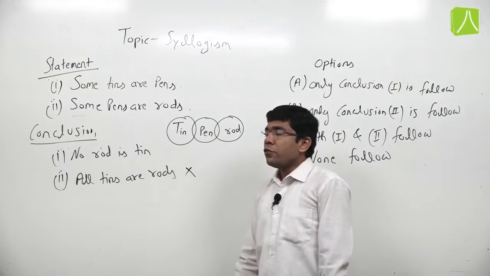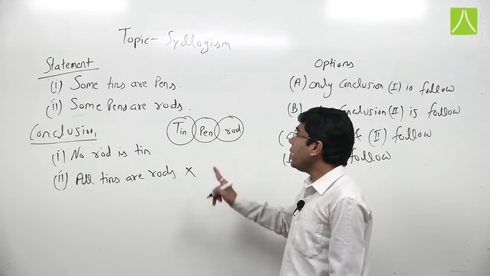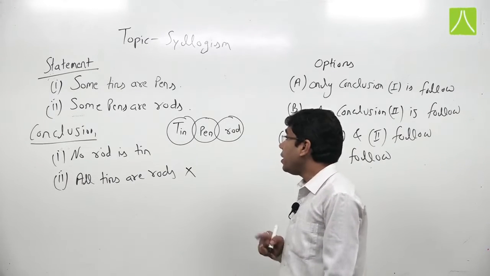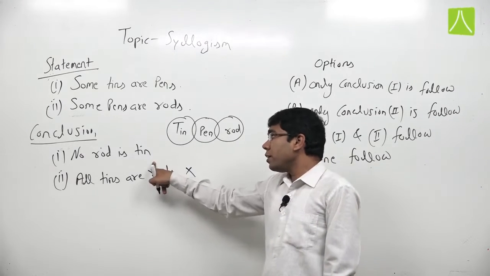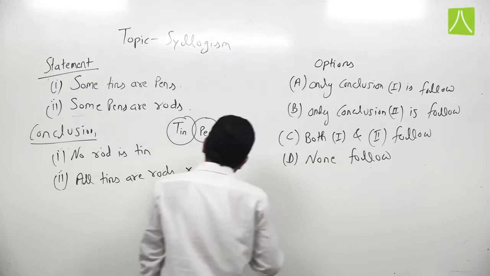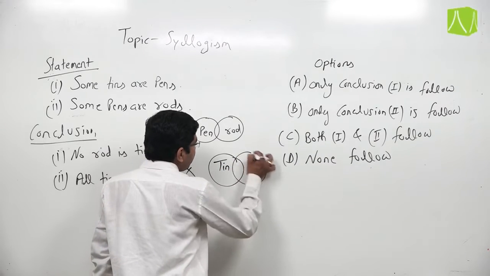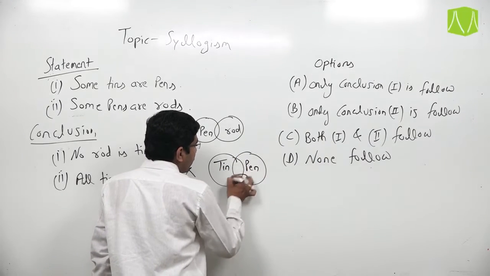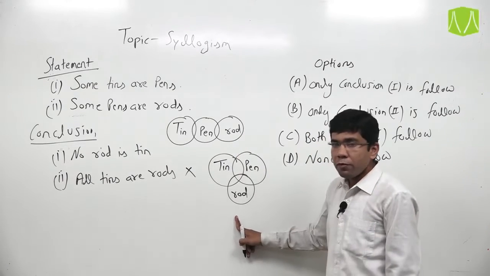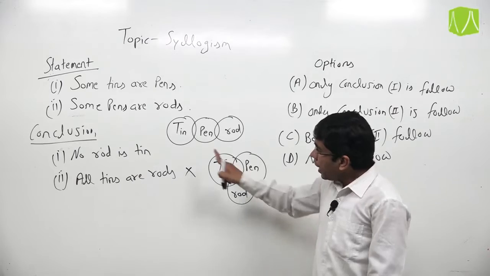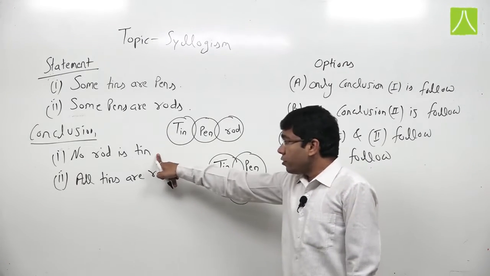For the first conclusion, no road is tin, it is a negative conclusion. So we have to draw the alternate diagram also, because from this diagram this conclusion is correct. But when we draw the alternate diagram, this statement can be made by this diagram also. By the alternate diagram we can say this conclusion is wrong.